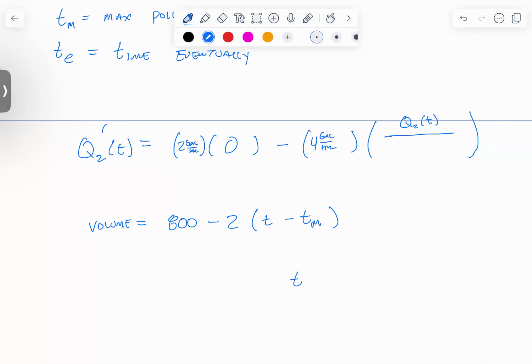That's the whole idea when we create these algebraic equations. I want to make sure that after 1 hour of the new process starting, I get that difference: T minus TM, the time of maximum pollutant. So this is 1 hour after the new process, so this becomes 1. So 1 times -2, 798.